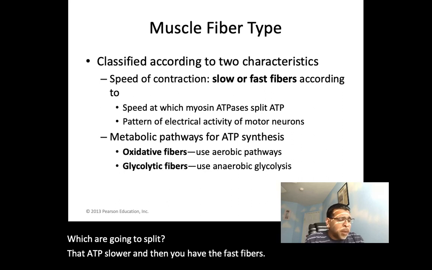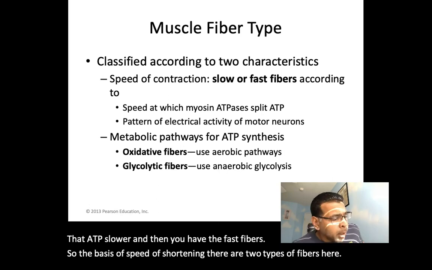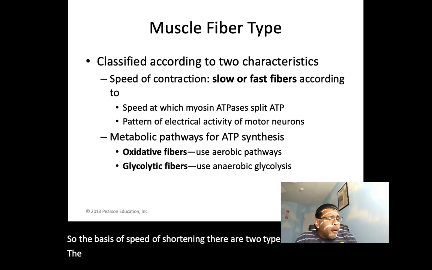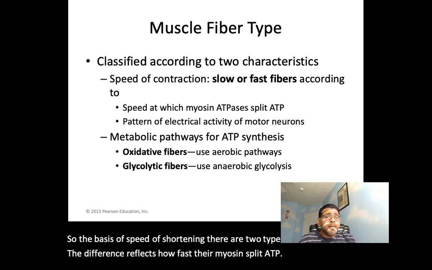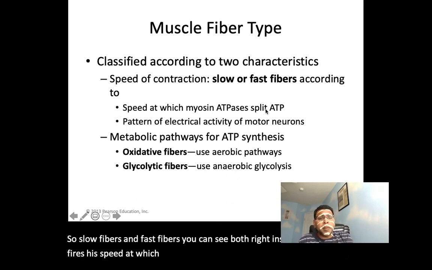So the basis of speed of shortening, there are two types of fibers here. The difference reflects how fast their myosin splits ATP. So slow fibers and fast fibers. You can see both right inside of here. So slow fibers have a slower speed at which myosin ATPase is going to split ATP.